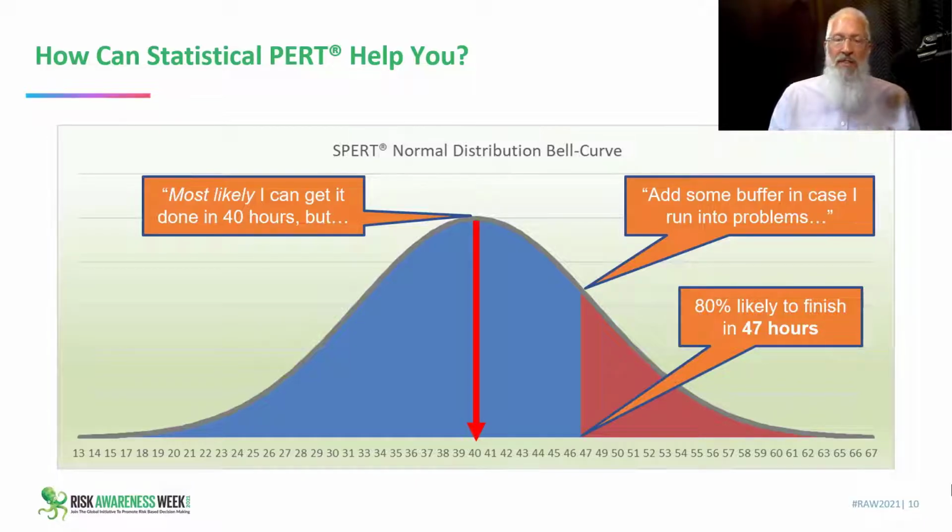That's only a 50-50 number. Instead, if I model your uncertainty using the normal distribution, I will put 47 hours in. That gives me 80% confidence that you will get this task done in 47 hours or less. There's only a 20% chance it could take you longer than 47 hours.